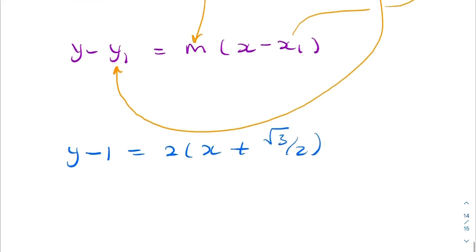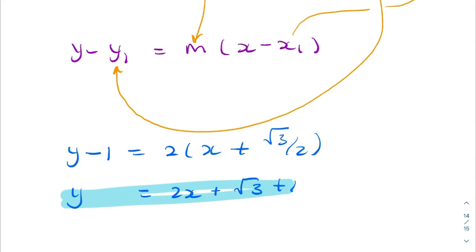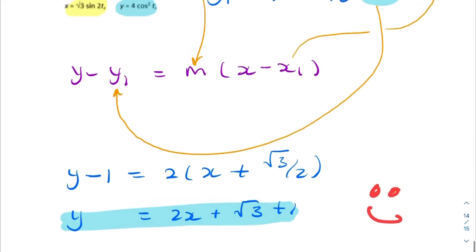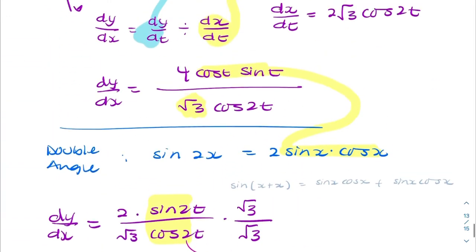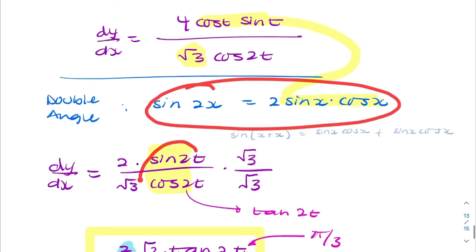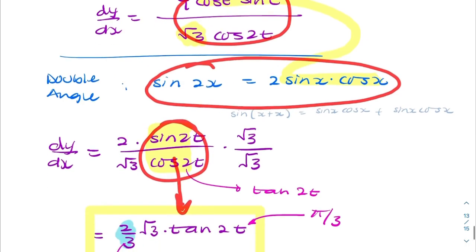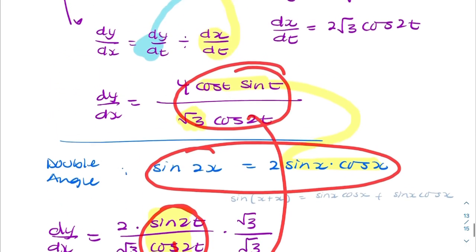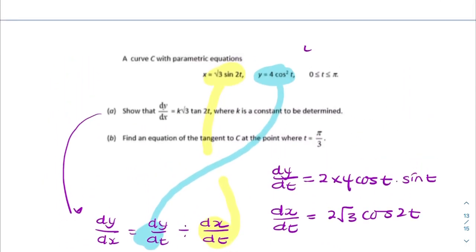If you multiply all by 2, or don't, just say y equals 2x plus root 3 plus 1. And there you have your equation of your tangent. So not too difficult. There's a slight issue here in that if you're unfamiliar with this identity, you might struggle to boil that down to that. But otherwise, it's fairly straightforward.